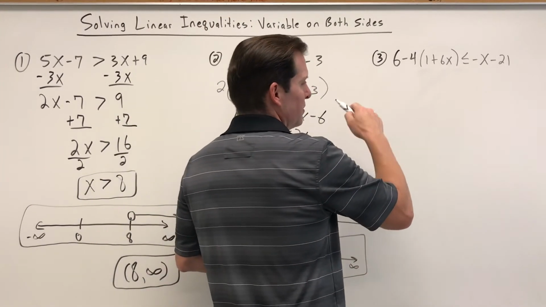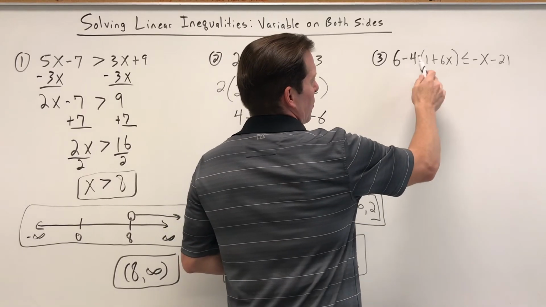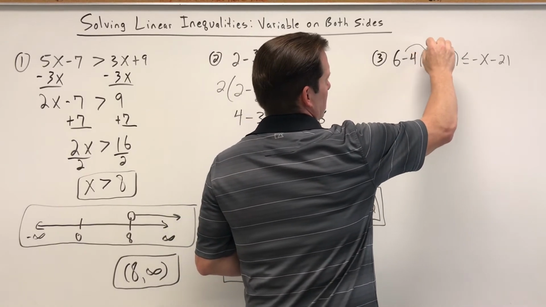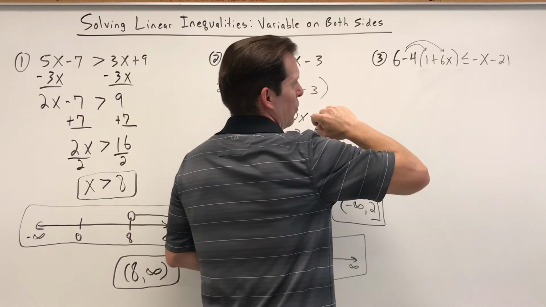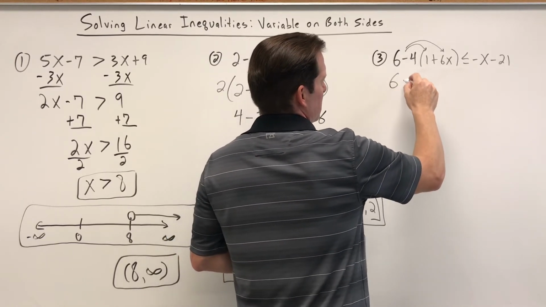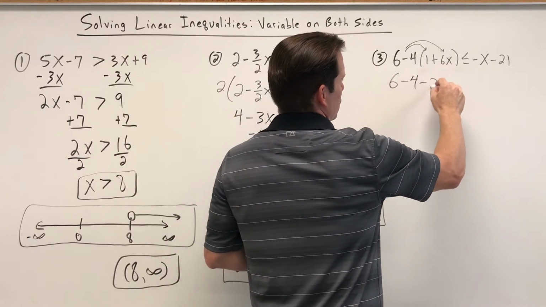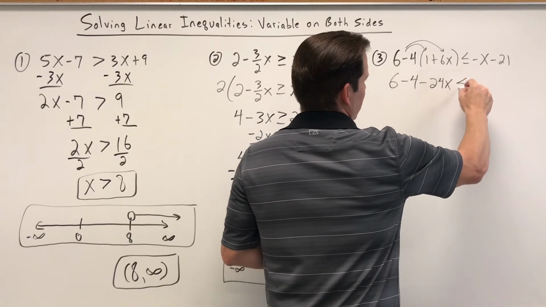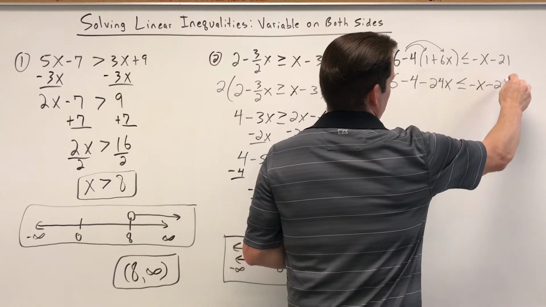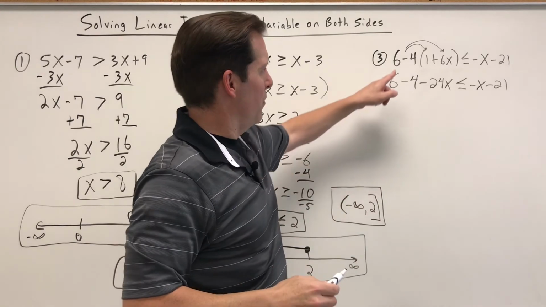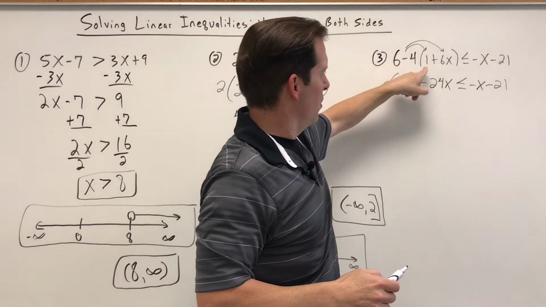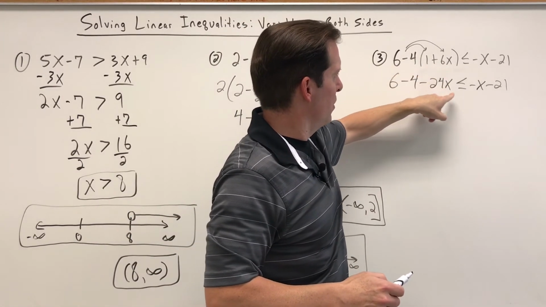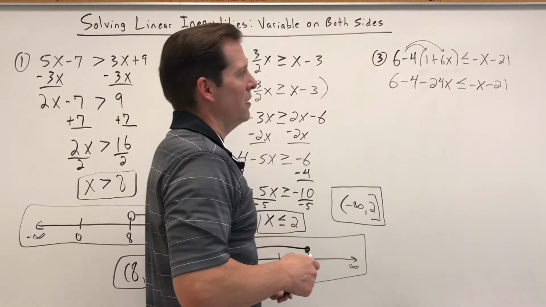So what I'm going to do is distribute this -4. So 6 minus 4 minus 24x is less than or equal to -x minus 21. So again, I went ahead and distributed. So -4, and this gives me -24, and then just copied everything else down.